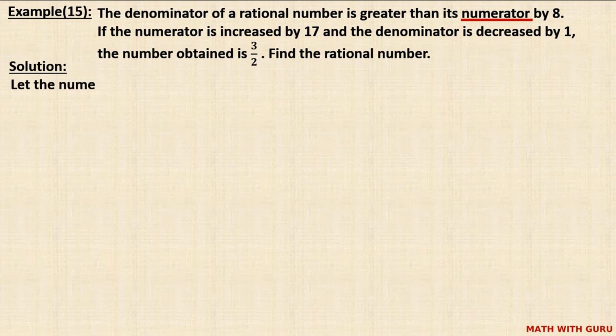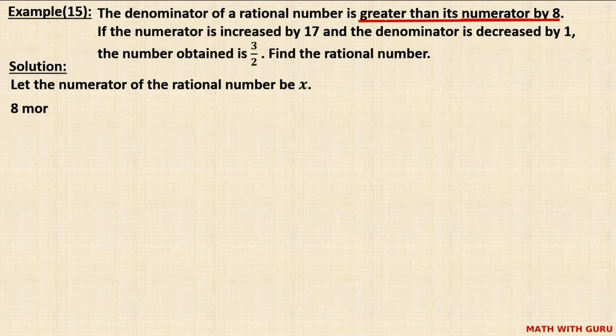Let us take the numerator of the rational number as x. Greater than its numerator by 8, that is 8 more than x, equals x plus 8. The denominator is greater than its numerator by 8, therefore this is the denominator.